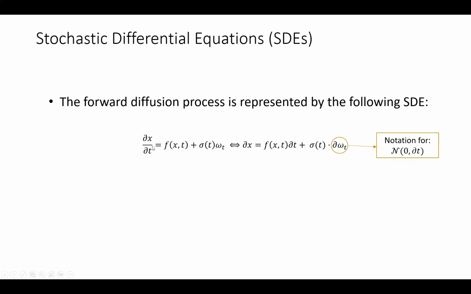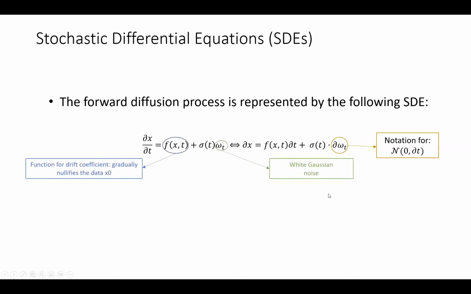We have the derivative of x with respect to t equal to f(x,t) plus sigma(t) times omega(t). Now we can rewrite this: with dt going to the other side, dx is equal to f(x,t) dt plus sigma(t) d omega(t).